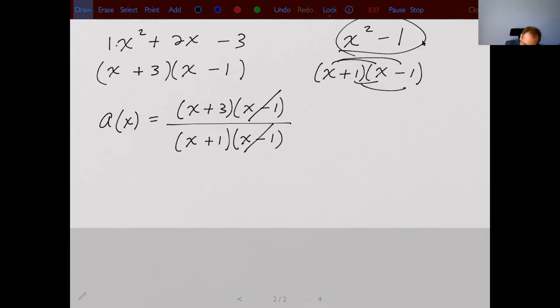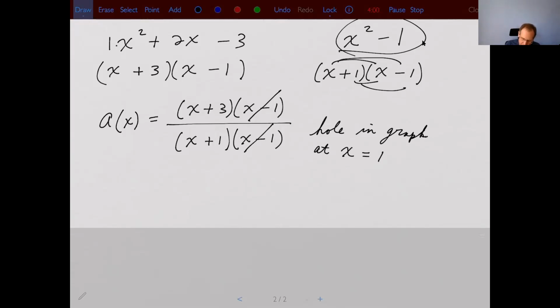It means that you have a hole in the graph at x equals 1. Why a hole? Because it's not defined. At that one particular location, it's not defined.